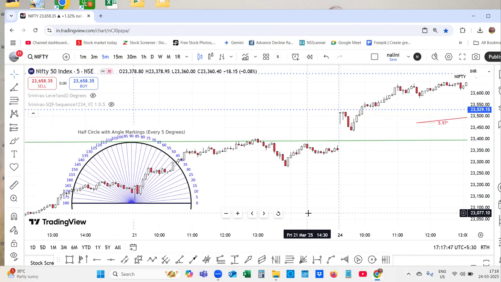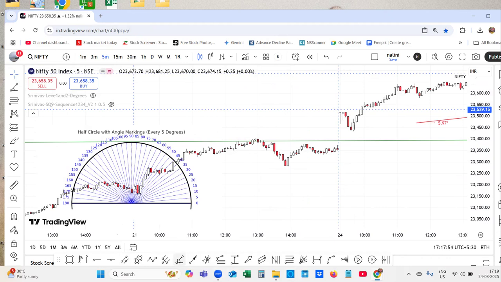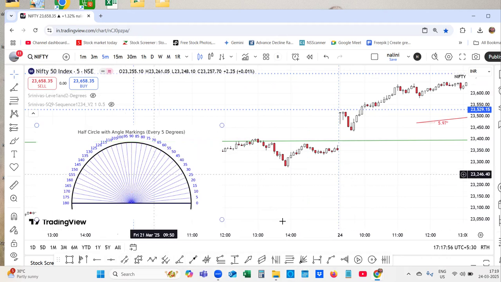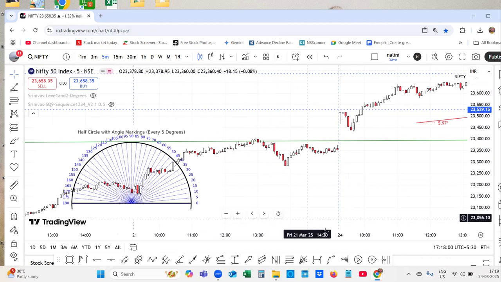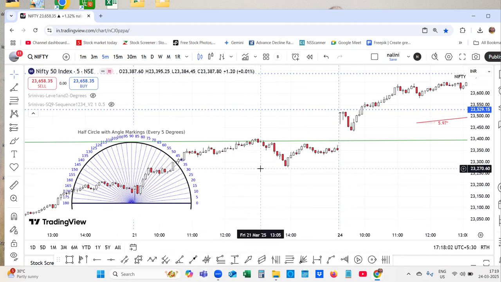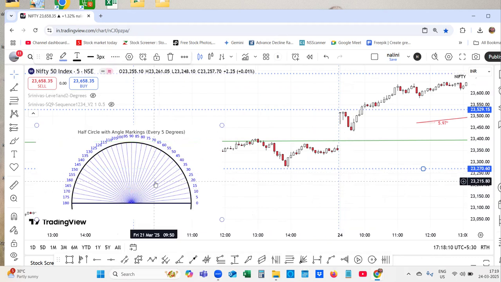You cannot make a mistake. And if you draw the line to this level, you can easily draw the line to this range. I'll keep this and I'll put a horizontal line over there. So you can see that it tested that level and it moved up.